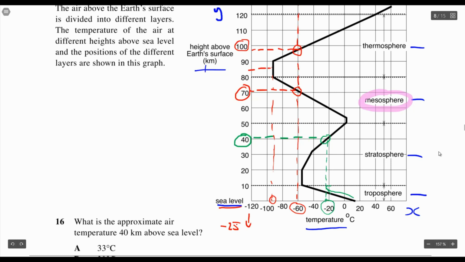What a lot of people will do is they will look at the graph and say, okay, if this is the layer of the mesosphere, the upper level is 80 kilometers and the lower level is 50 kilometers. This region right here is the mesosphere.